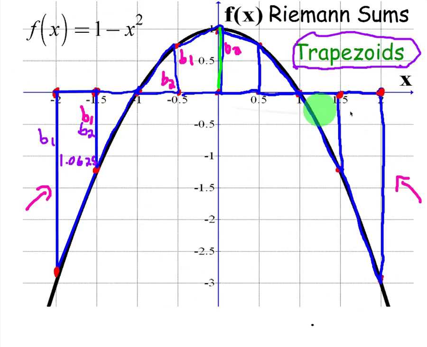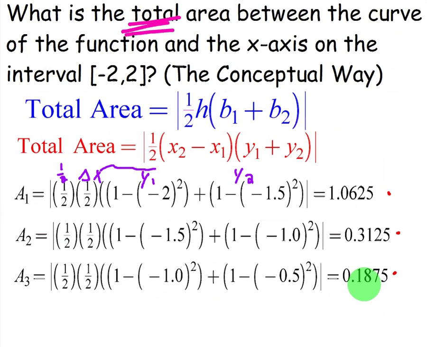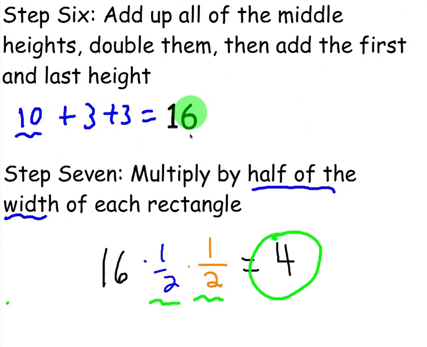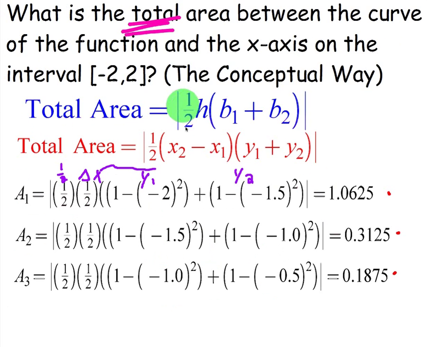Now, because they all have the same common width, I can do the same thing with the rectangles and pull that common width, or if you want to call it height, of each of these trapezoids out, and whatever I got for all of my bases added up, I can multiply by that height or width. So take the 16, all of the bases added up, multiply by 1/2. Now, the area of a trapezoid also involves a 1/2 at the beginning.